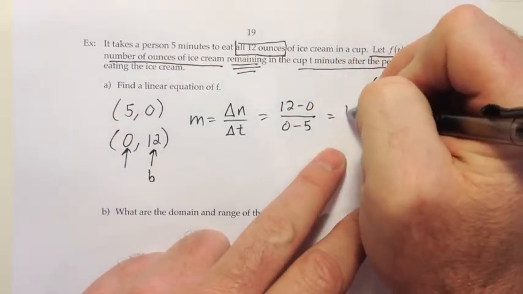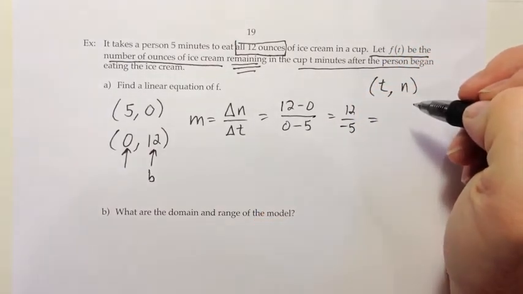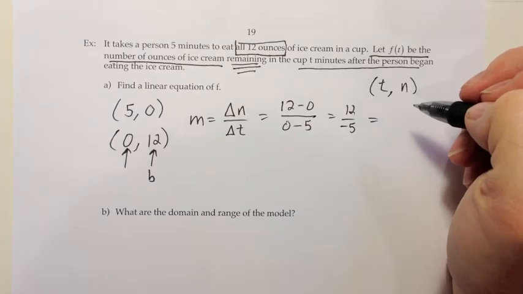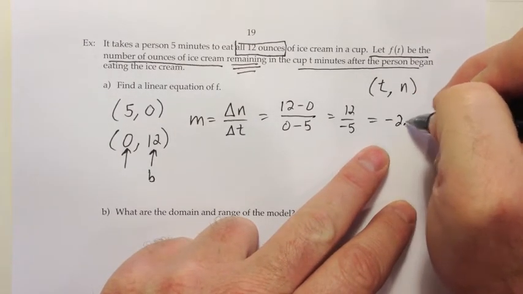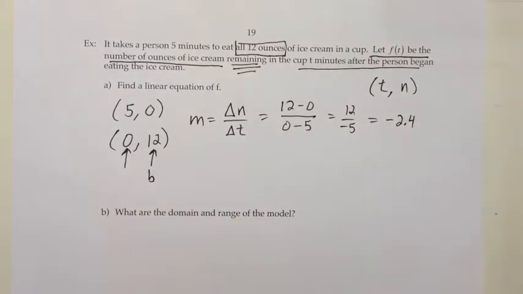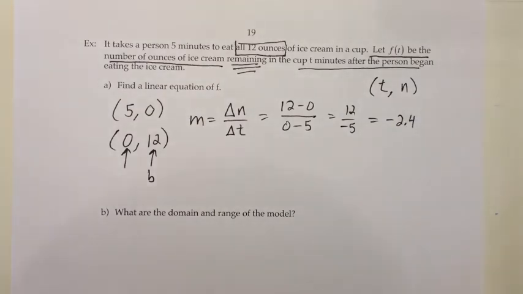On top I get 12. On the bottom I get negative 5, which you could say is negative 12 fifths. Or if you divide that out, we'll go ahead and go with the decimal again because it's exact, you'd get negative 2.4. And the negative isn't surprising because the amount of ice cream in that cup is decreasing as time goes by and we eat more and more of it.